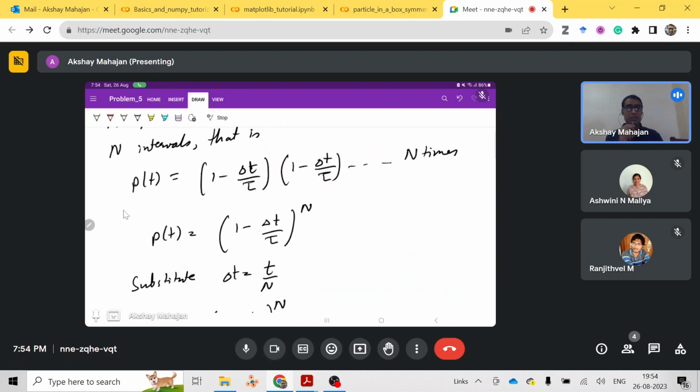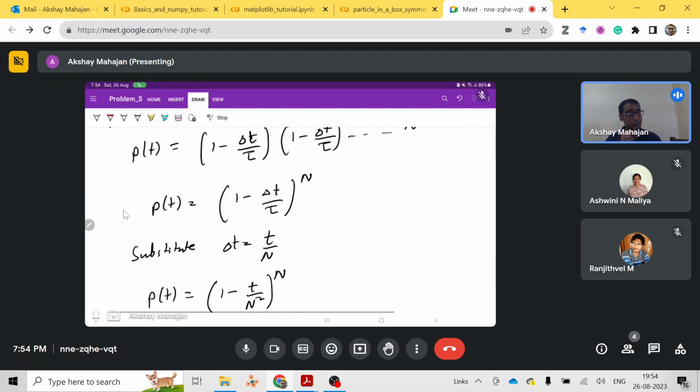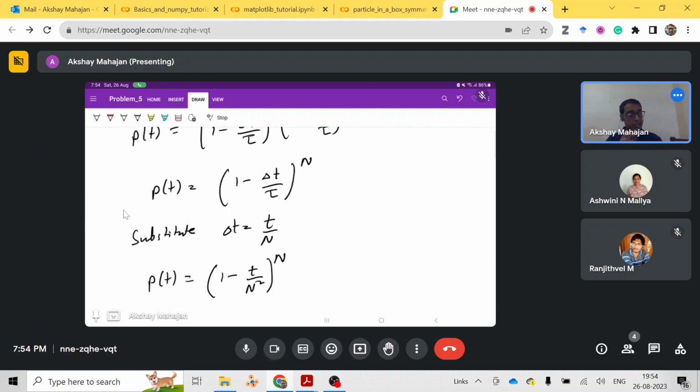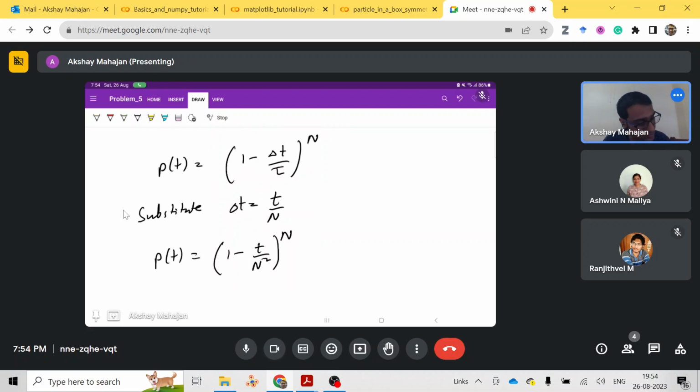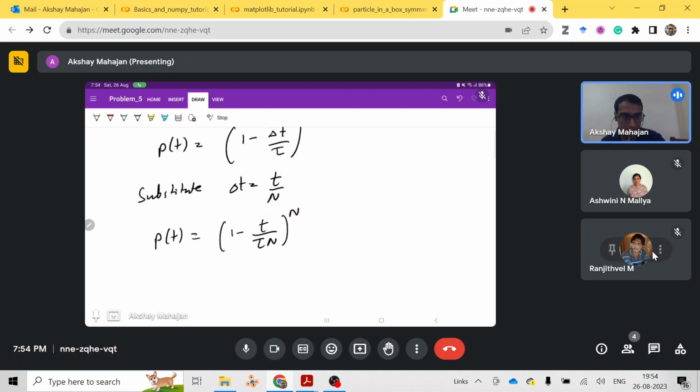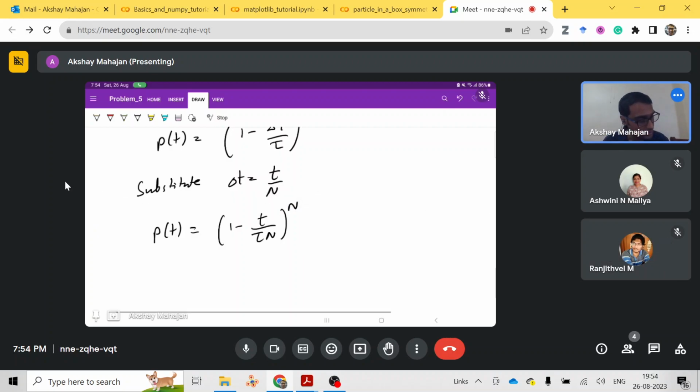Now we will replace delta t by t by n, so we will have 1 minus t by tau n, whole to the power n. I hope this is clear.